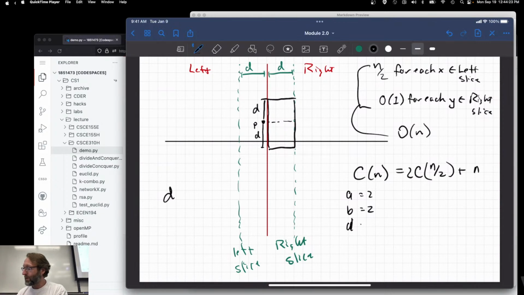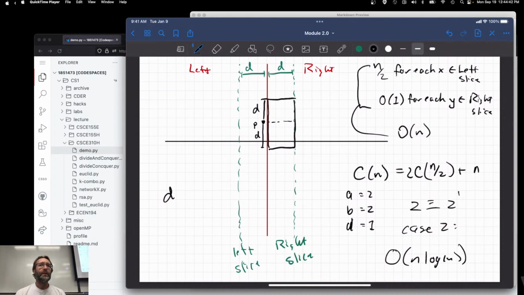But our new D here is going to be 1. So now plug and chug the master theorem. 2 versus 2 to the D, they're equal. So by case 2, what do we have? Order n to the D, but D is 1, so n log n. In other words, basically what it takes to sort it.